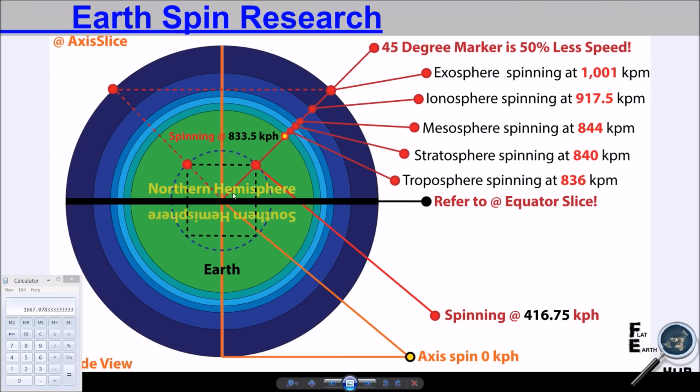So if we look at this, this is the equator speed, and that was at 1667. So halfway from there to the axis at the North Pole, we should get roughly a speed of 833.5 kilometers an hour. Now, be mindful that that speed would actually occur if we drew a straight line through here.